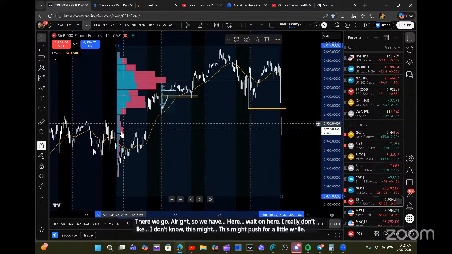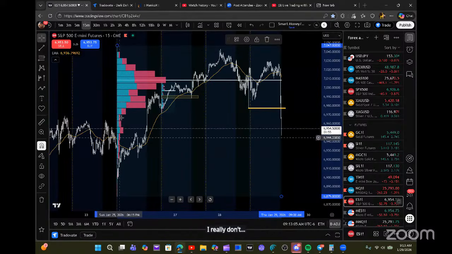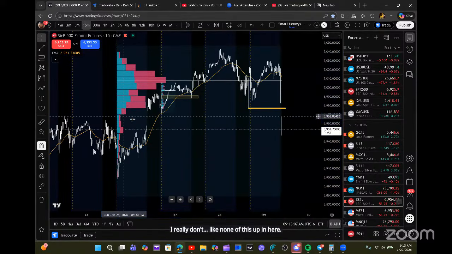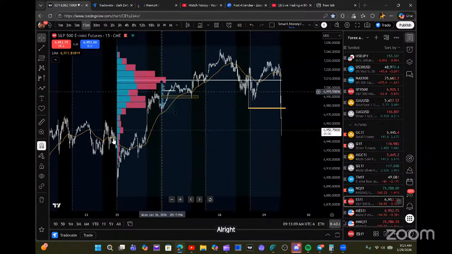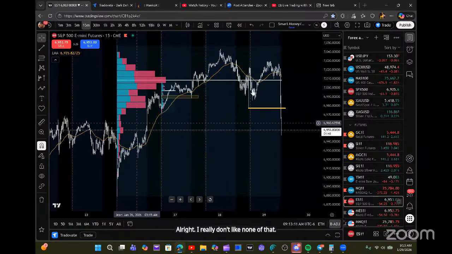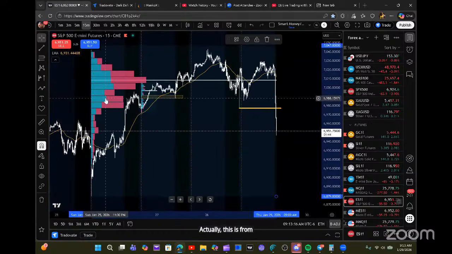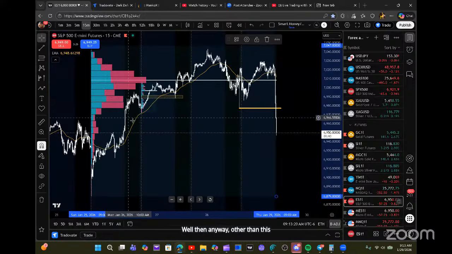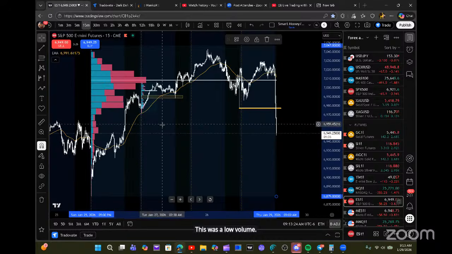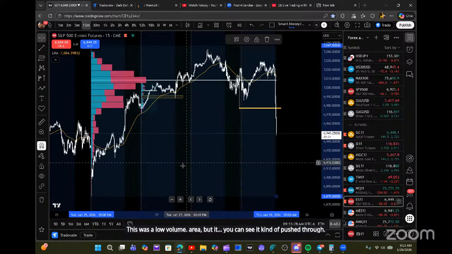I really don't like none of this up in here. Actually, this is from way back here, so this is almost irrelevant anyway, other than this part right here, but it's just pushing through. This was a low volume area, but you could see it kind of pushed through. It probably wasn't low enough.